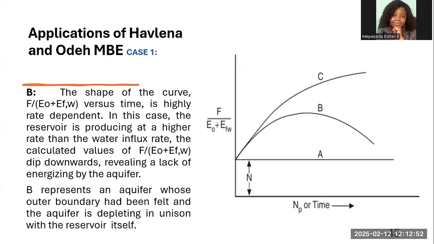So what the water does is it goes into the microscopic pores where the oil or gas has been produced and then fills it up, balancing the energy of the system. So what happens is that the plot dips downwards, revealing a lack of energizing by the aquifer.